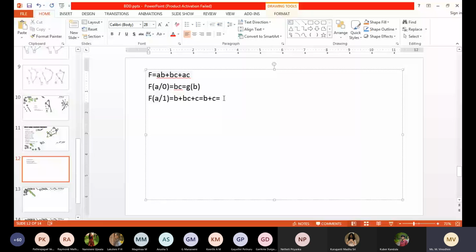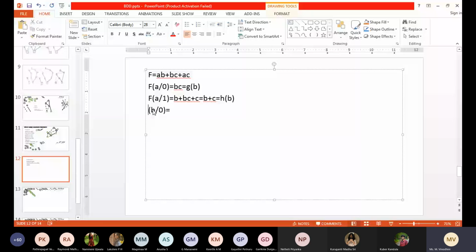This is the first level, F of A slash 0 and F of A slash 1. In the first level, I am getting two different expressions, so I have to assign two different variables. I have assigned G and H, with respect to B. Now let me take G of B slash 0.